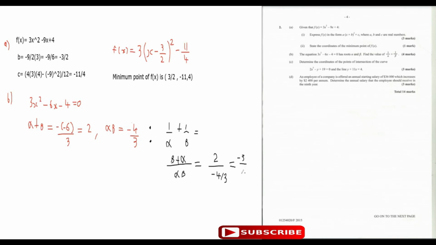And that's 1 over alpha plus 1 over beta. That's the answer. Nice and easy.